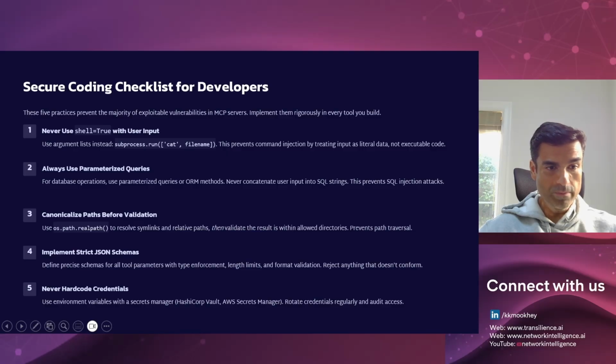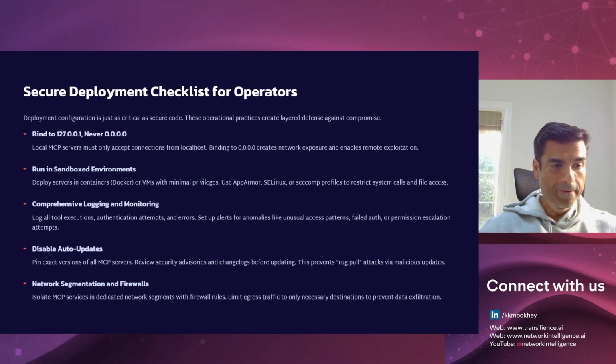Shell equal to true, bad idea. Use parameterized queries anytime you're going to run an SQL command based on user input. Canonicalize paths before validation to resolve symlinks and relative paths, and then validate the result. Implement strict JSON schemas, never hardcode any credentials, obviously.